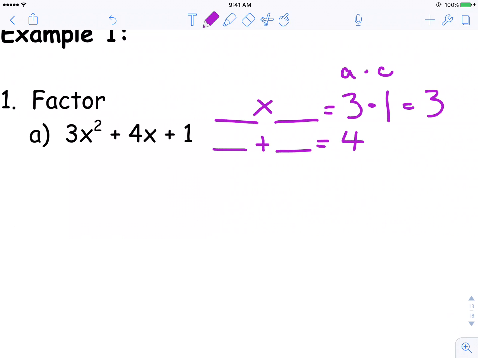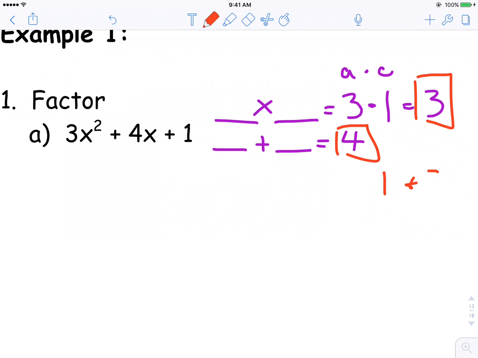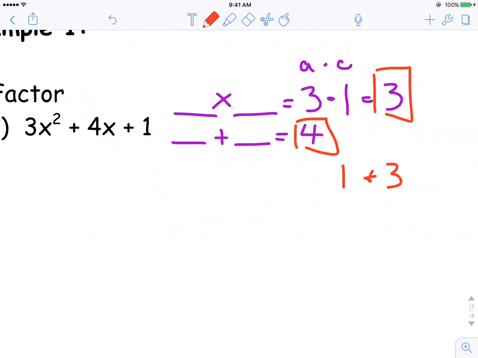Well, luckily, there's only one set of factors for 3, and those are 1 and 3. It's got to be 1 and 3. There's no other options. And in this case, positive 1, positive 3 give us that sum of 4.